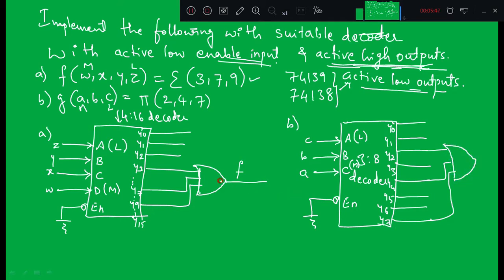For summation I have used OR gate. So for pi I need to put a complement on sigma, or a complement on the OR gate. That means if I complement the output of the OR gate, what we get is a NOR gate, right?